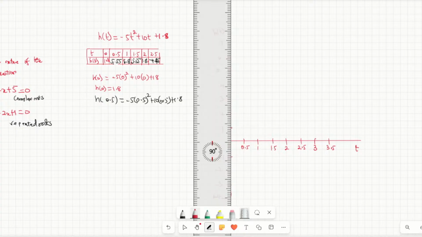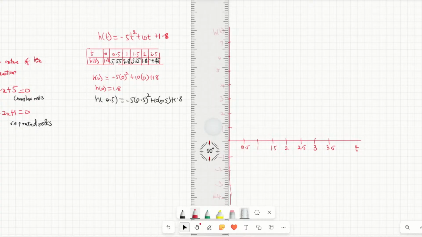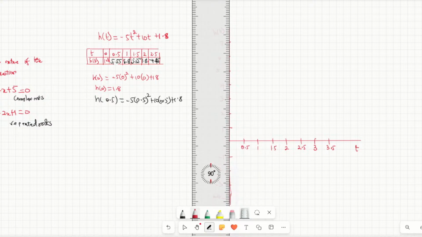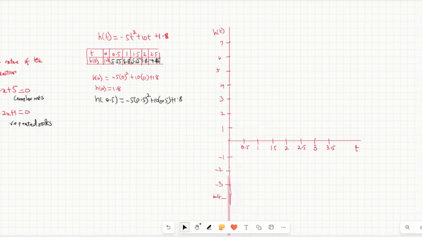Let me use the ruler so that it looks well. Trying to draw a line through this side. Okay, so we can have negative 5 here.